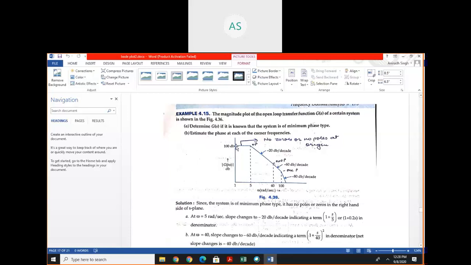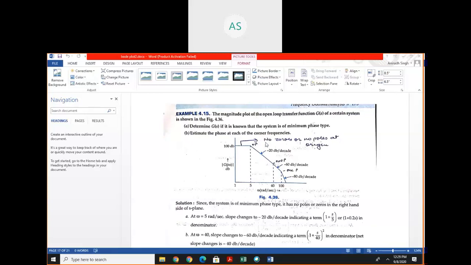Since initially we get a line parallel to the x-axis, it means that there are no zeros or no poles at the origin.